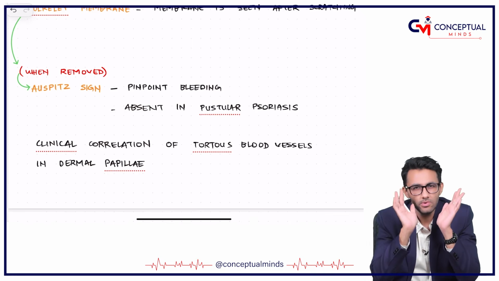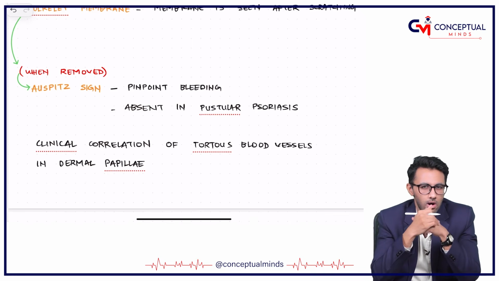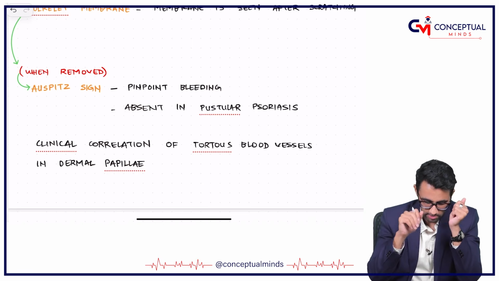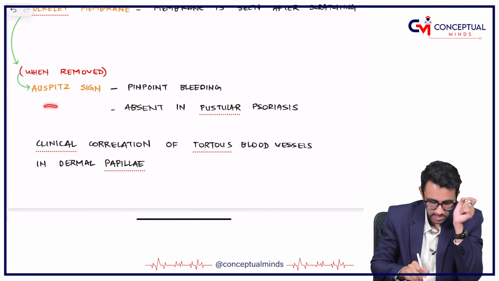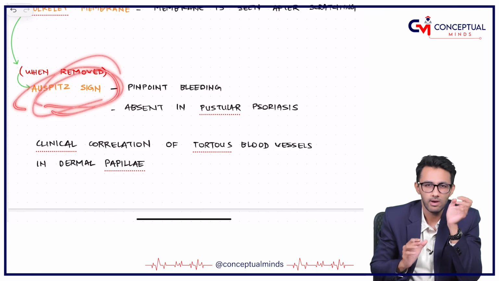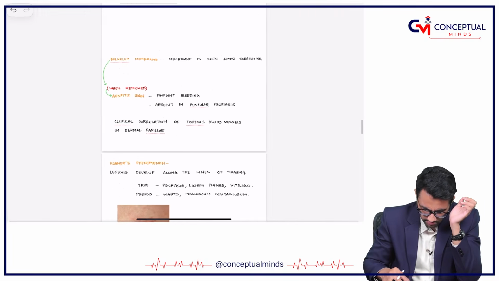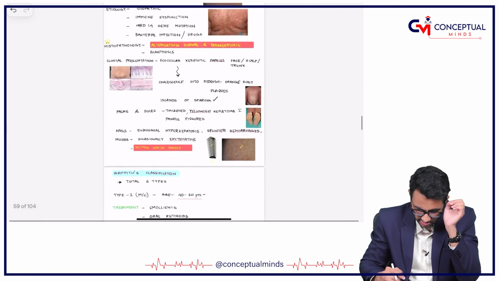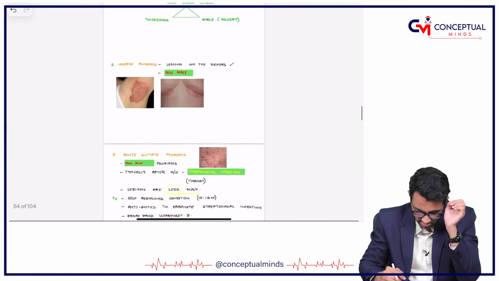So now do you know why and how about all these three signs? It is very important to understand what the Auspitz sign is, when it is formed, how it is formed, why it is so. I'll take you back to that histopathological discussion we did.